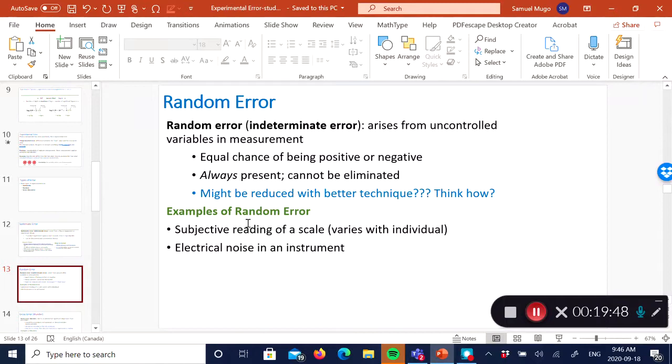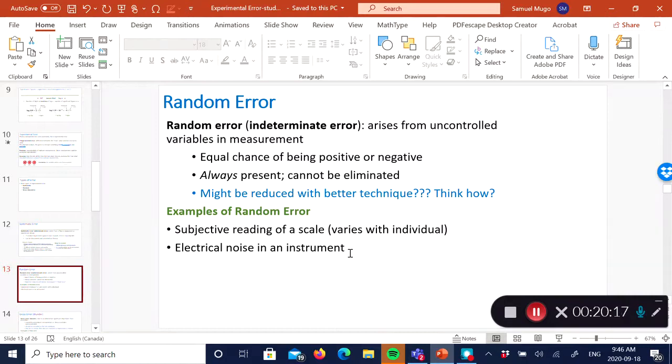Maybe I'd like you guys to start thinking, what are the better techniques you can use to try and minimize these random errors that are always present in any analytical method. So examples of random errors are electrical noise in an instrument. For example, when you were using the analytical balance, sometimes it would keep fluctuating. A big problem, it's always there.